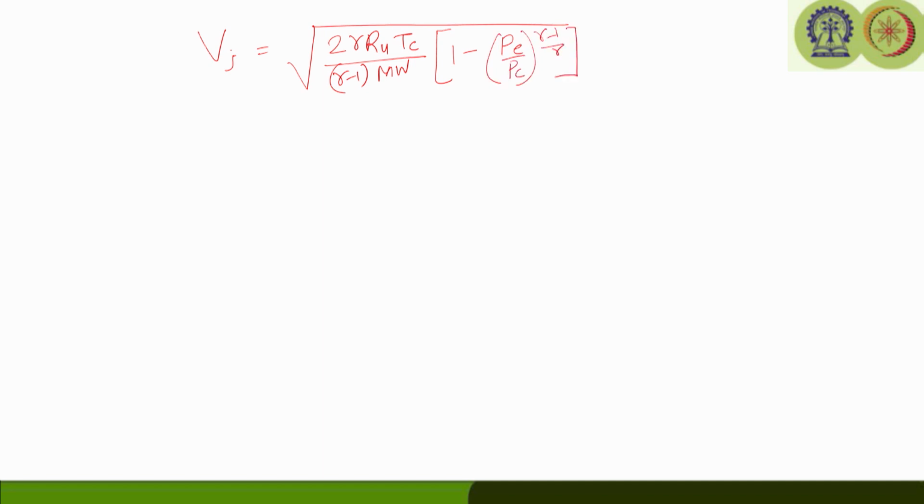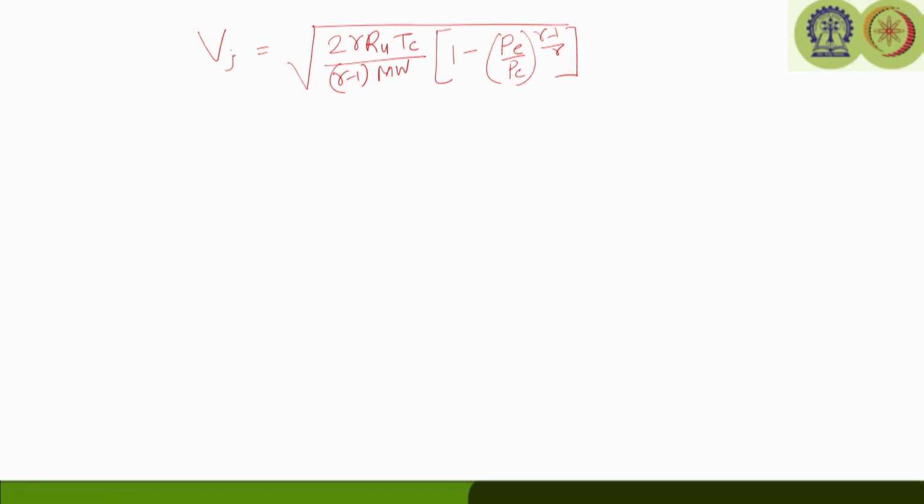Now, if you look at the equation carefully, in order to have a very high jet velocity or efflux velocity, we need a very high combustion chamber temperature, so a high value of Tc is essential. The propellant which can generate very high temperature is going to be beneficial for increasing Vj, because Vj has a direct influence on the incremental velocity delta V, which we have already seen in the rocket equation.